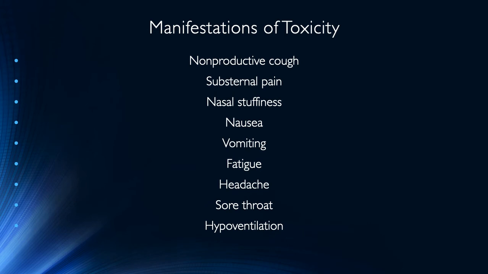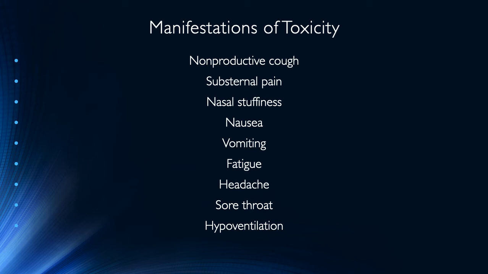So what does an oxygen toxic patient look like? They're going to have a non-productive cough because that long sustained period of high concentrated oxygen has dried out their mucous membranes. They can have substernal chest pain, nasal stuffiness. They may complain of some nausea, vomiting.